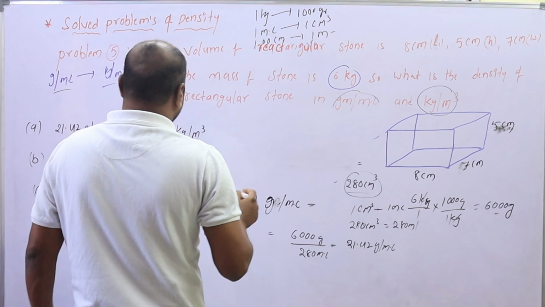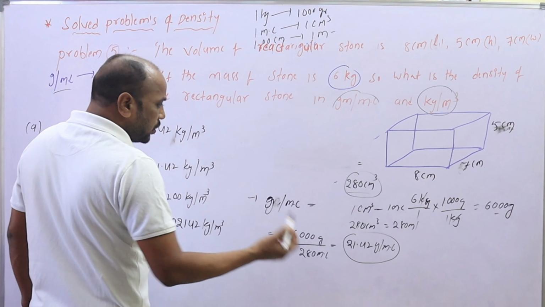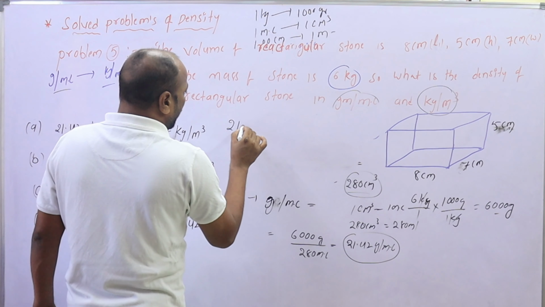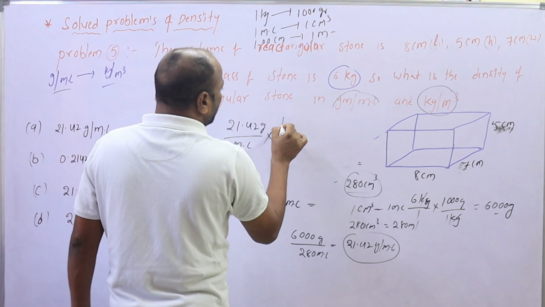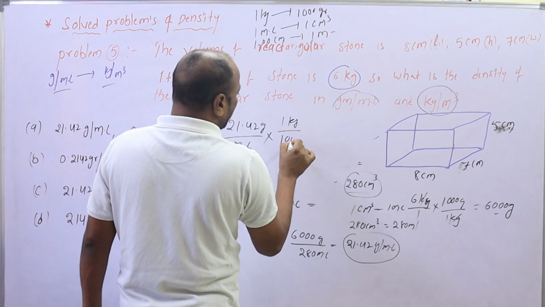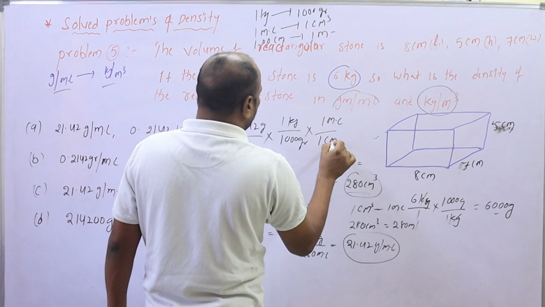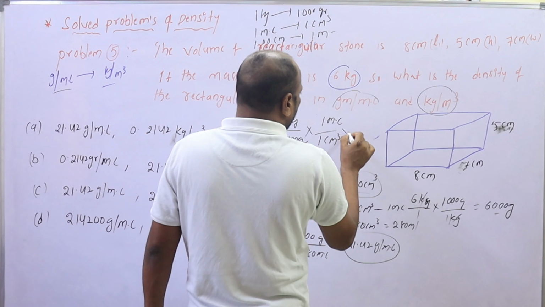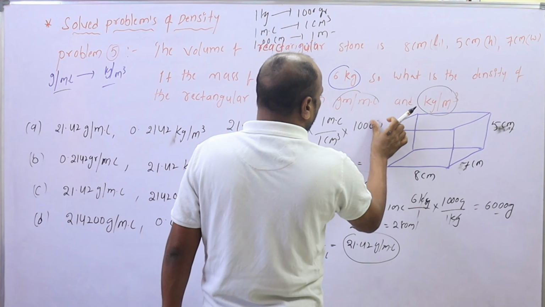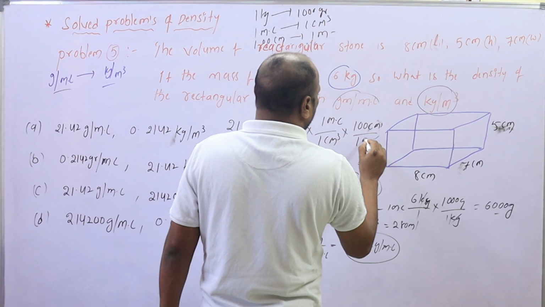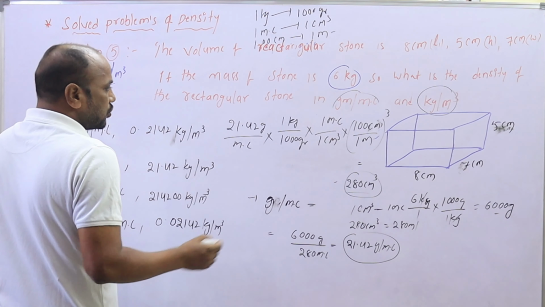So 21.42 gram per milliliter, into 1 kg by 1000 gram, into 1 milliliter by 1 centimeter cube, and 100 centimeter cube by 1 meter whole cube.